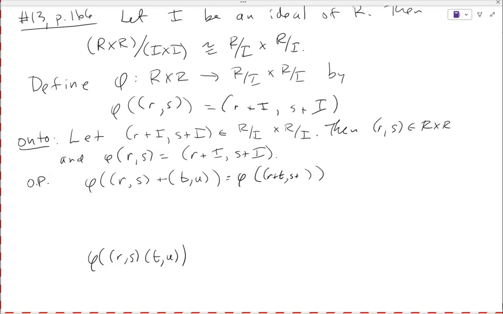Good. And then how we define phi, what is that equal to? t plus I. Good.